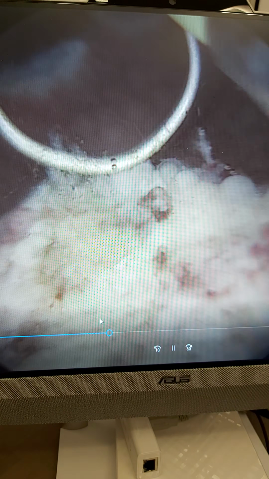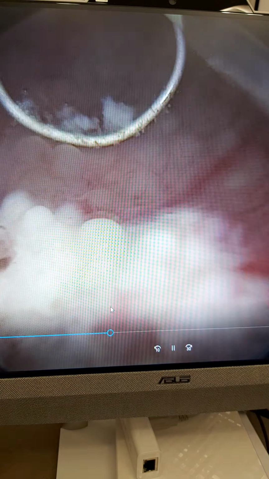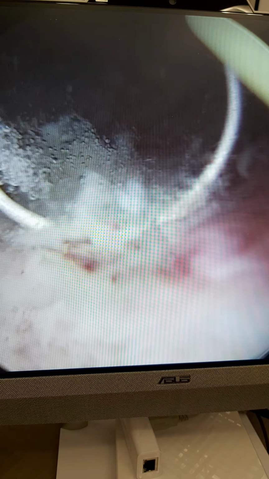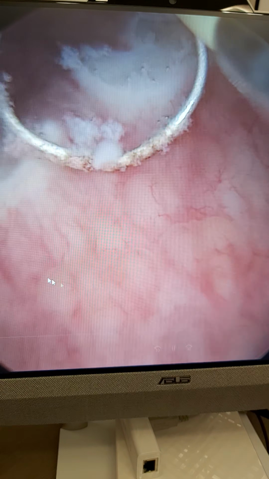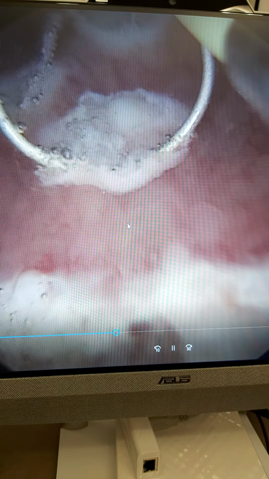Throughout the fulguration, I noticed that it is not easy to superficially fulgurate these tissues. They don't go away. They just form little thick balls. Look at these tissues.